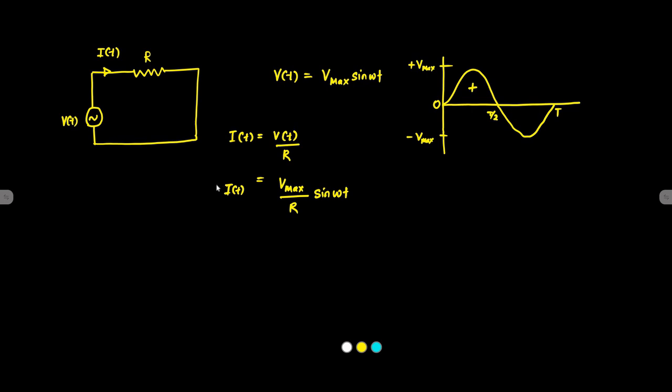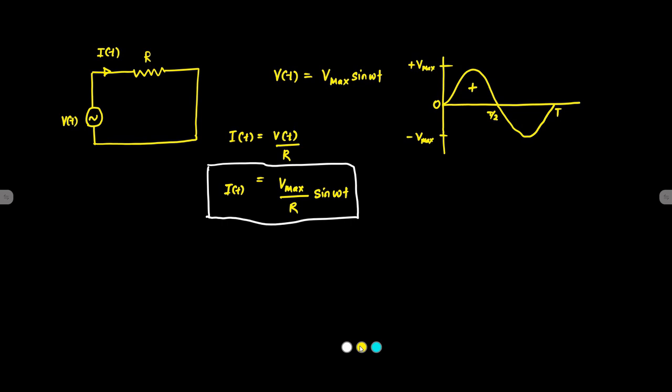So if we consider this expression, I(t) is equal to V max by R sine omega t, we are representing the time varying current in terms of the maximum value of voltage.